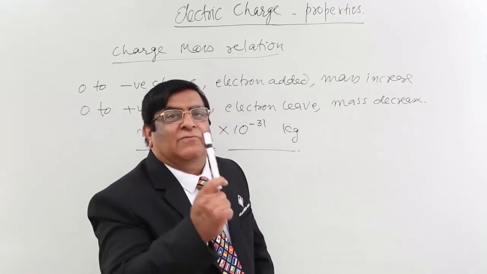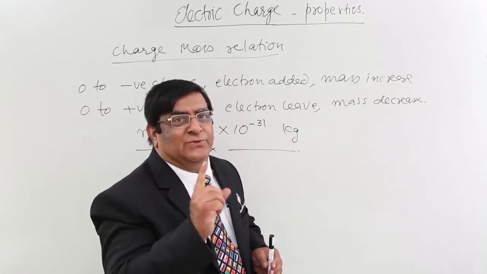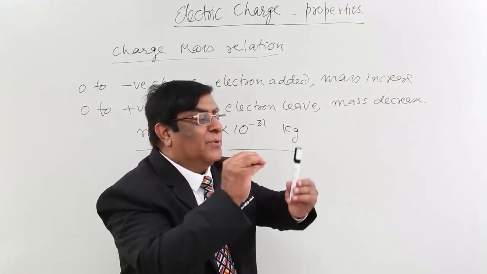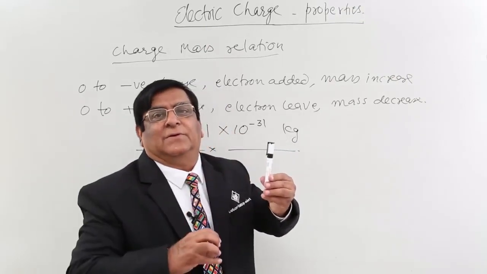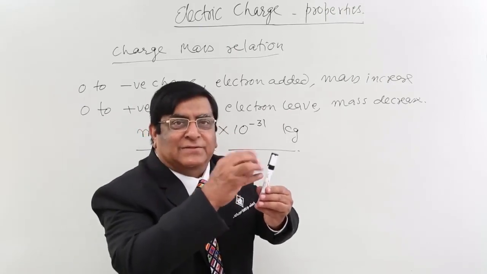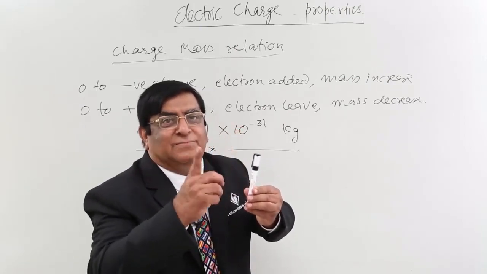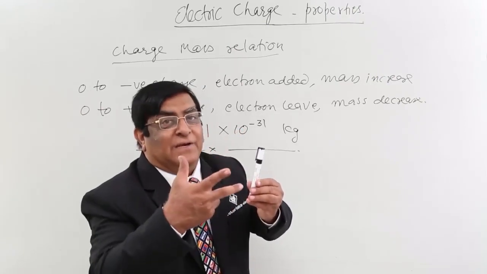Remember, when we give a charge, what is the language we are using? Mind it. We are giving positive charge to this body. What will happen to its mass? You are always tempted to say, if we are giving something, the mass will increase. But no, it is a misnomer. We give it positive charge. What is happening to electrons?